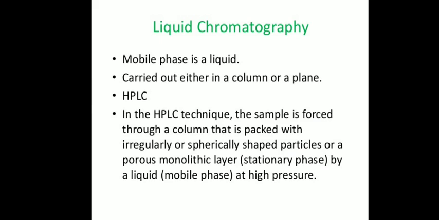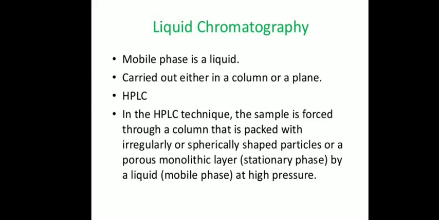In the HPLC technique, the sample is forcefully passed through a column that is packed with different types of porous particles, which act as the stationary phase, and then the mobile phase at high pressure is passed through it.